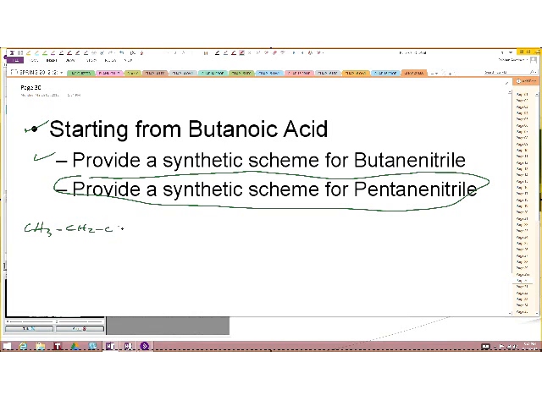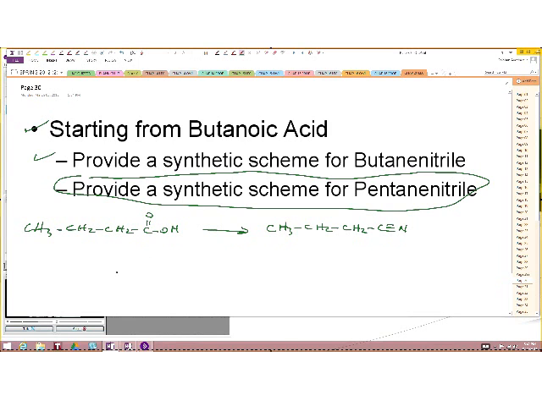Butanoic acid, of course, is this here. We want to go from butanoic acid to make butanenitrile, which is this.